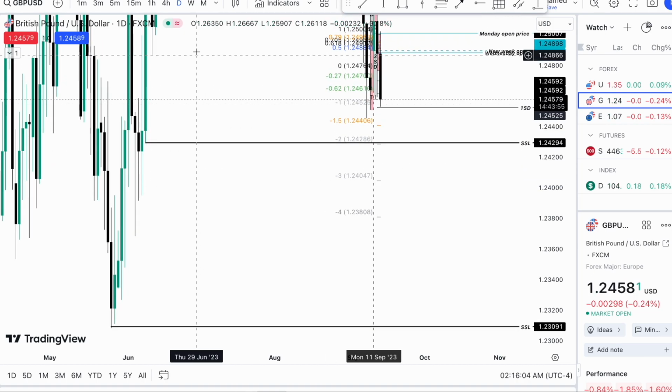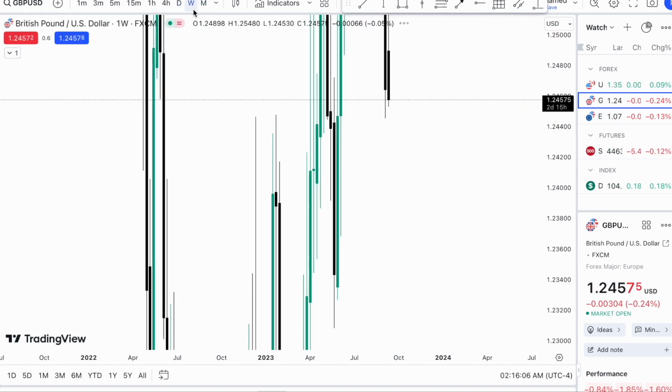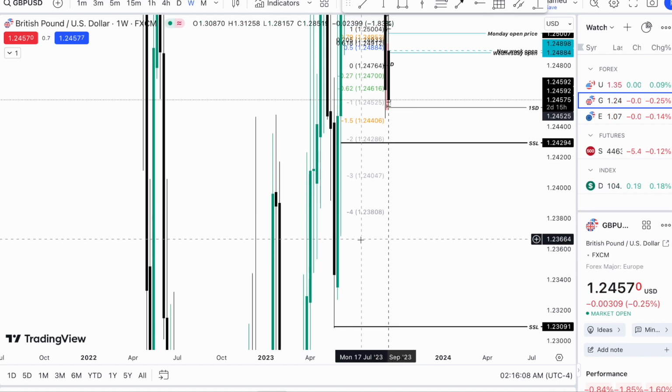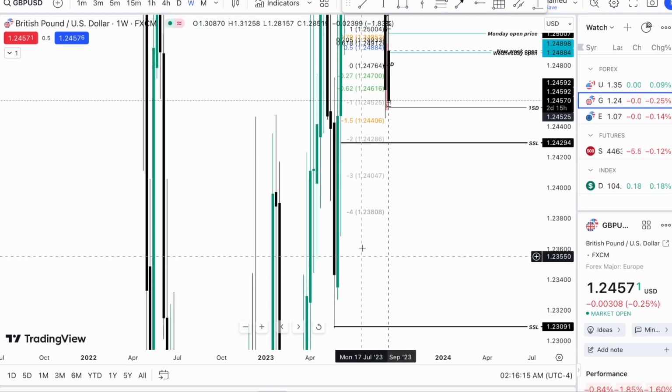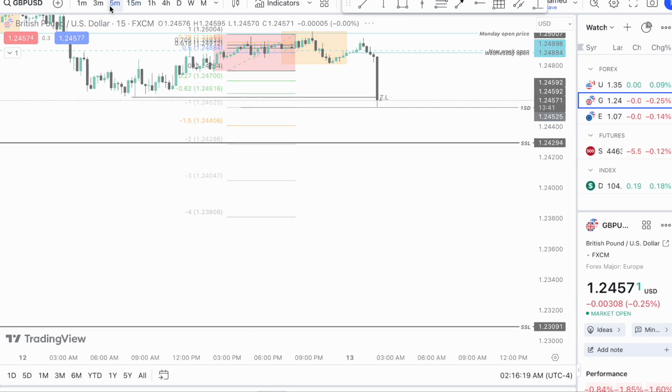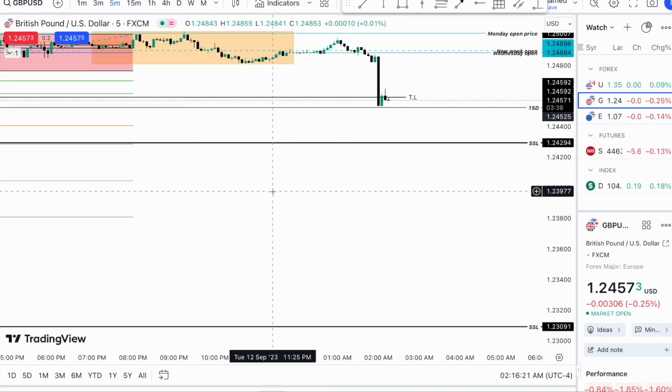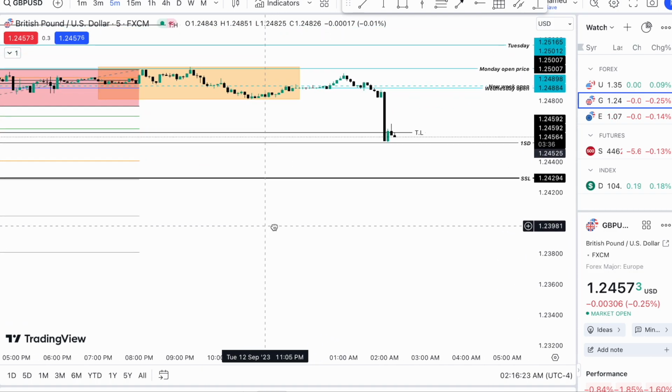So that's still on the cards for this week, and we're looking at these lows and subsequently these lower at the bottom here. So we're just looking at how price traded down into the first standard deviation at London.